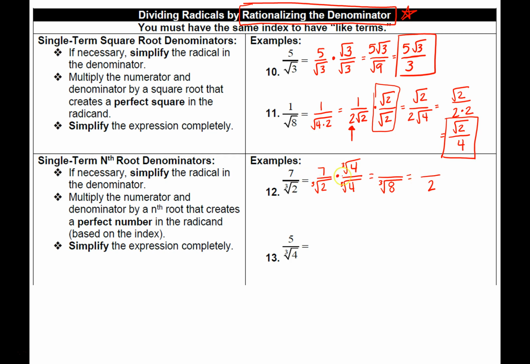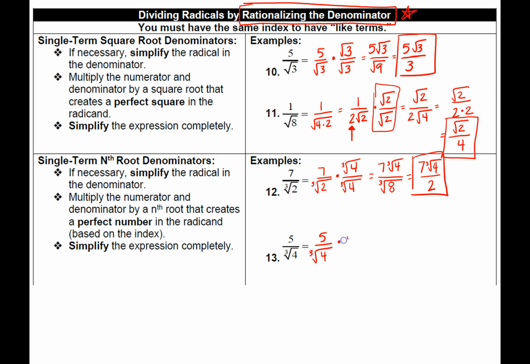All right, so we've done the bottom, let's do the top. We have 7 times the cube root of 4. That doesn't simplify at all, so that keeps my work nice and easy, and I'm done there. Let's look at one more of these. The cube root of 4 doesn't simplify at all, so let's try to get a perfect cube down in that denominator.